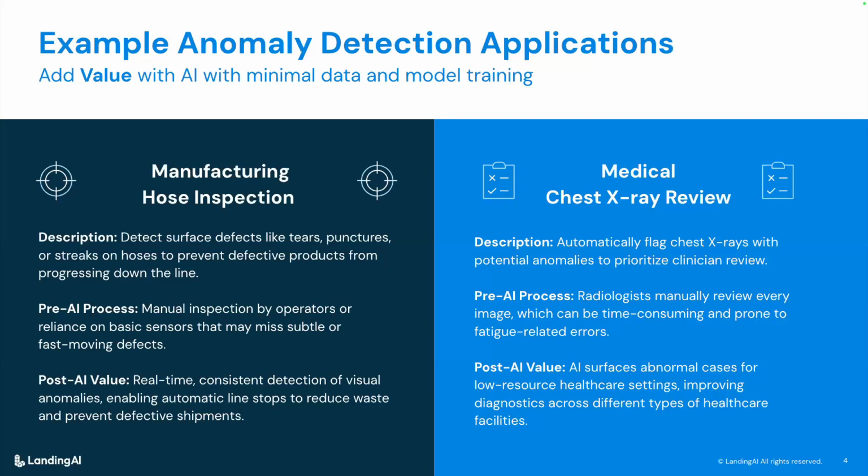Then also looking at medical imaging, another industry that has a wealth of images available. Here you can flag abnormal chest X-rays, and this can help prioritize the attention to that individual. This can be super beneficial if you think about the different healthcare settings that exist today. Many have low resources available or low training.